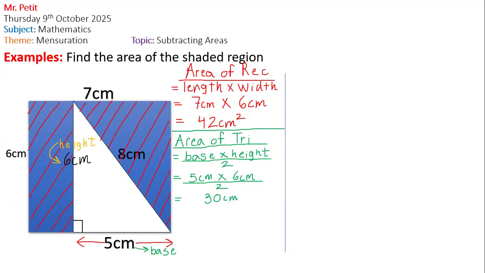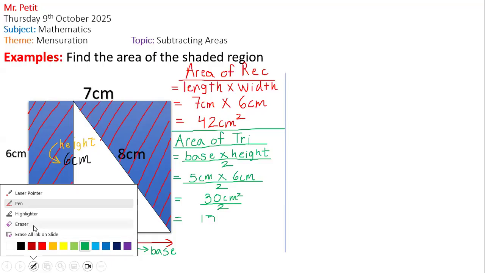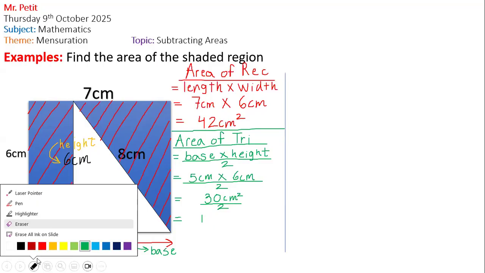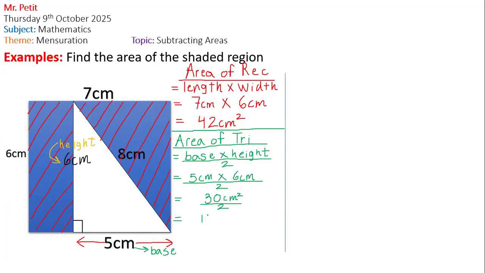Centimeters squared. Very good. All over 2, which is gonna be equal to what? 15 centimeters squared. Very good. 15 centimeters squared.